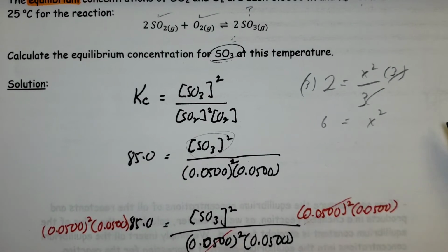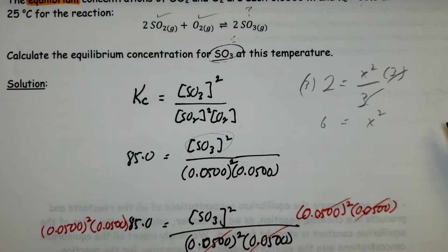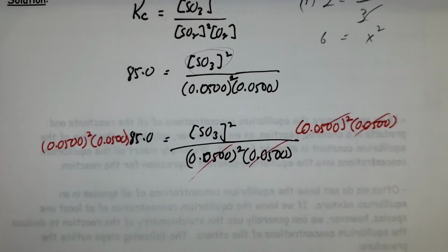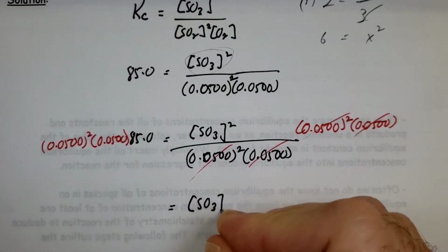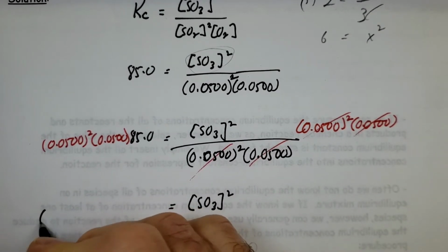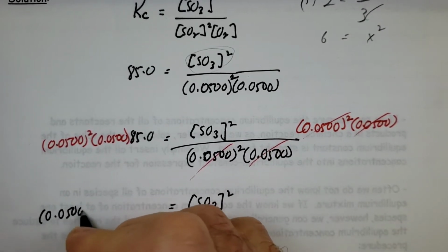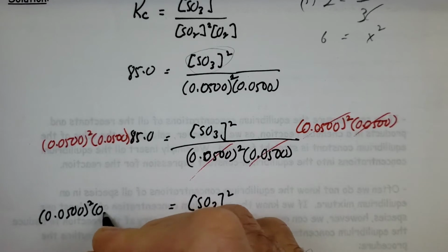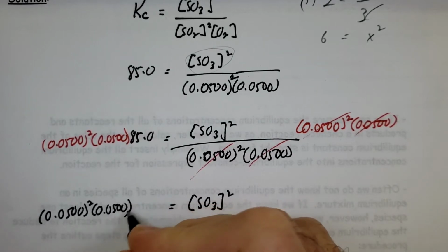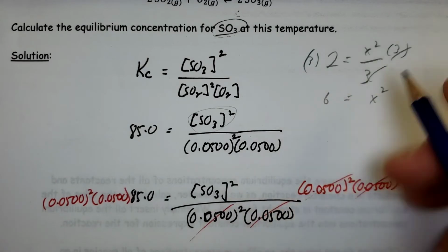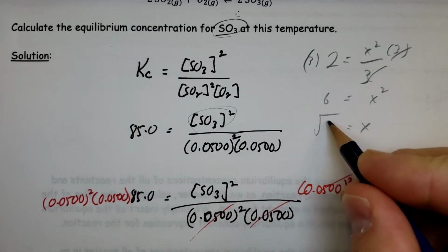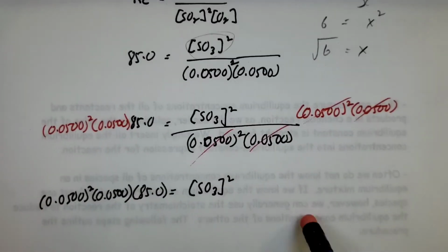So we can see cancel, cancel, cancel, and we're left with SO3 squared equal to all of this multiplied by each other. We're going to solve for SO3 squared, and just like in earlier math classes, square root both sides.